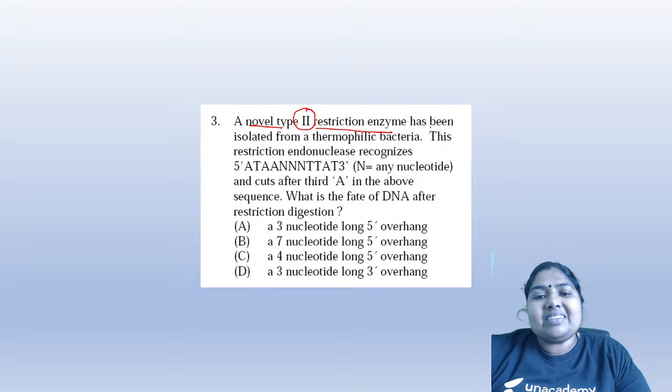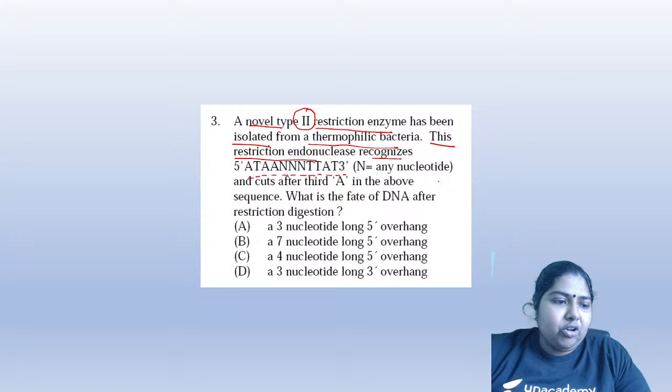Right, so this has been isolated from a thermophilic bacterium. This restriction endonuclease is going to recognize a particular sequence. They have given the sequence 5 prime A T A A N N N T T A T C 5 prime to 3 prime, where N means any nucleotide.